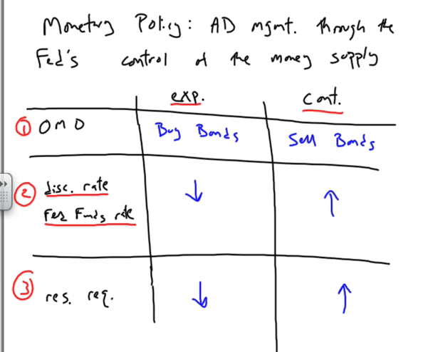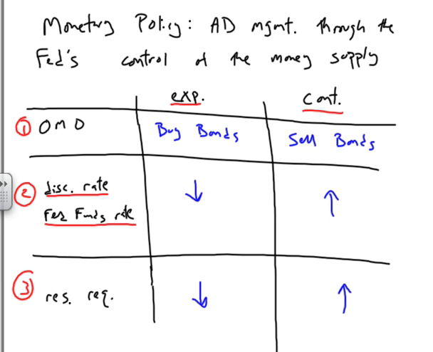Changing the discount rate and the Fed funds rate, those happen generally when the Fed meets every 6 weeks to make interest rate policy. That's usually when changes occur. Now, the Fed can hold an emergency meeting and change them anytime they want, but generally those are up for review every 6 weeks. And the reserve requirement hasn't been changed since the savings and loan crisis of the 1980s.